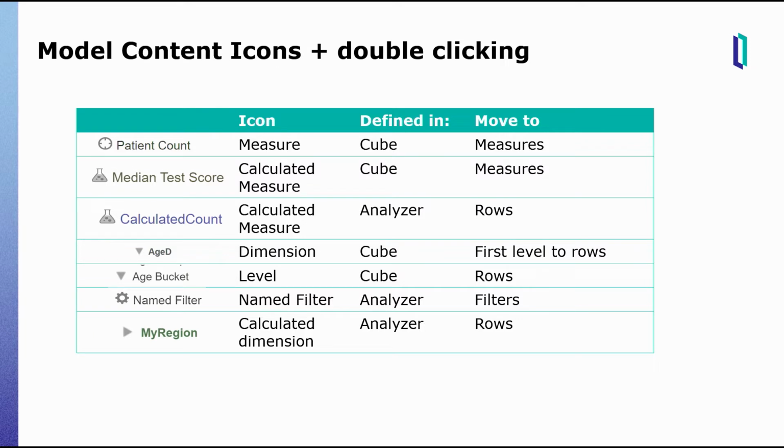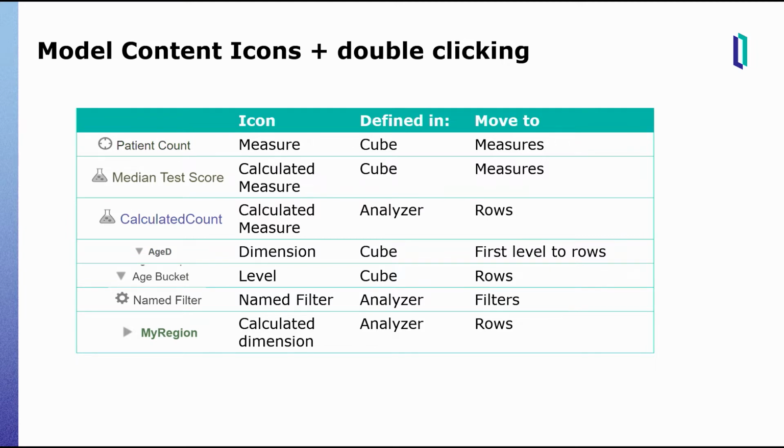Another thing I tried to put together is the different icons you might see in the model content. You have things that you define in your cube, and other things you can define in Analyzer. For example, the calculated count is the flask in blue.